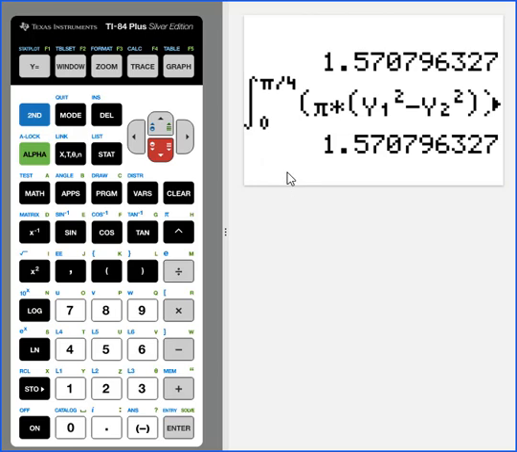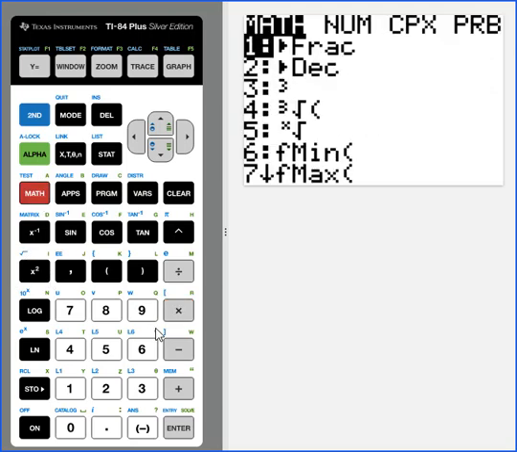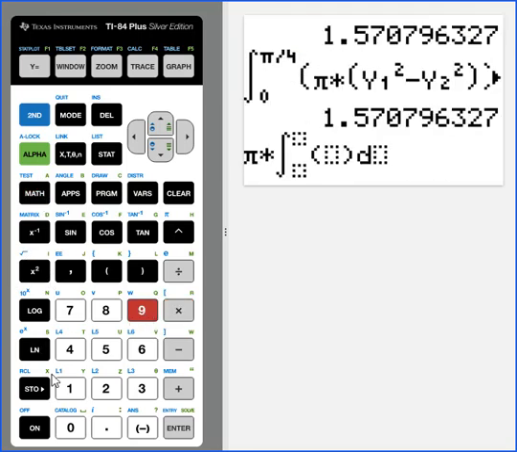Normally, when you use a graphing calculator to figure out the volume by revolution, we put the pi outside. Then multiply by math 9, from 0 to pi over 4.